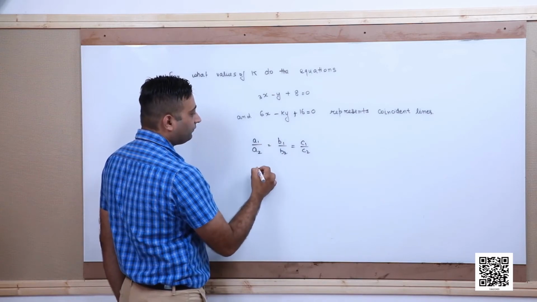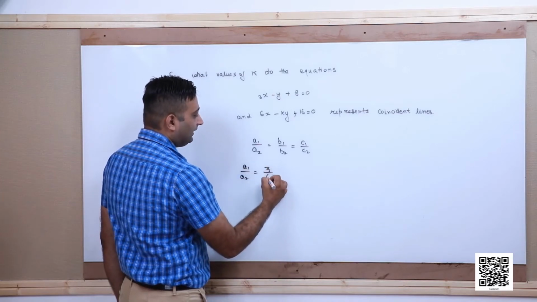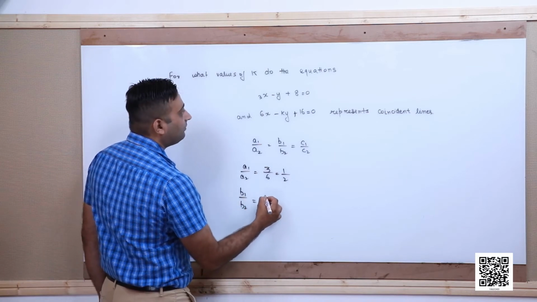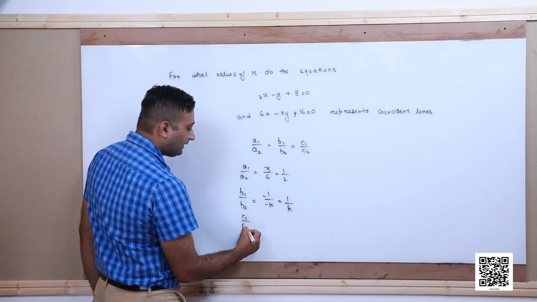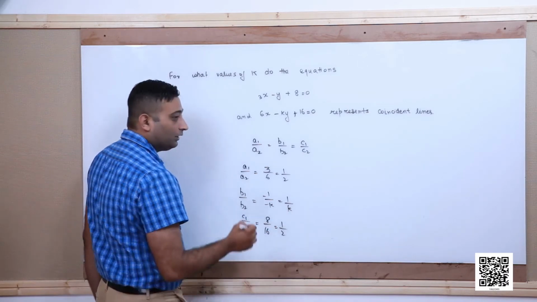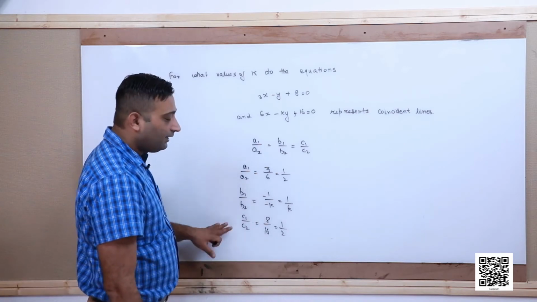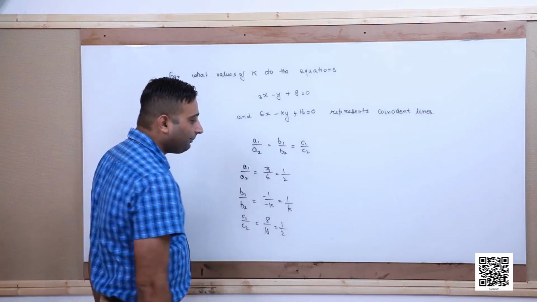So first of all let us compute A1 by A2, that is 3 by 6 which is equal to 1 by 2. B1 by B2 is equal to minus 1 by minus k which is equal to 1 by k. C1 by C2 is equal to 8 by 16 which is equal to 1 by 2. We need to check that A1 by A2 and C1 by C2 must be equal before equating these values to B1 by B2.